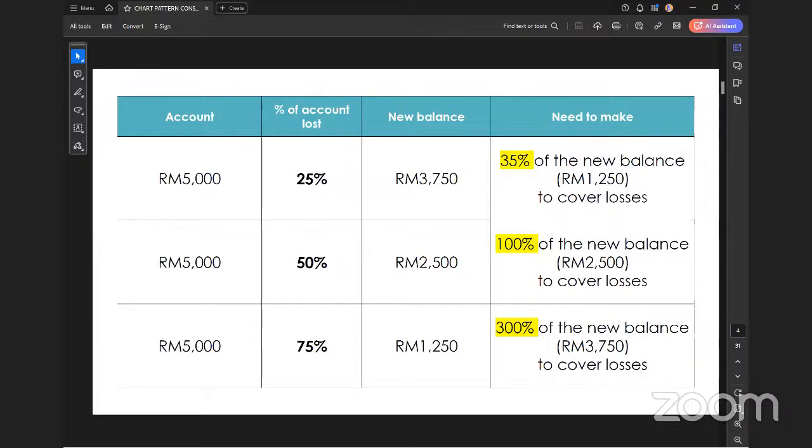If you lose 50%, the new balance has to work 100% so that you can recover your 50% loss. Look at the last row: a 75% loss equals needing a 300% return on the new balance. Silly, isn't it? So I want you to be stringent with your capital. In Bahasa we call it kedekut. Keep that in mind.